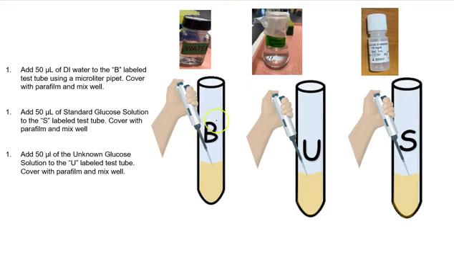So our blank solution is going to include the glucose reagent plus deionized water or distilled water, which we will use to calibrate the spectrophotometer.